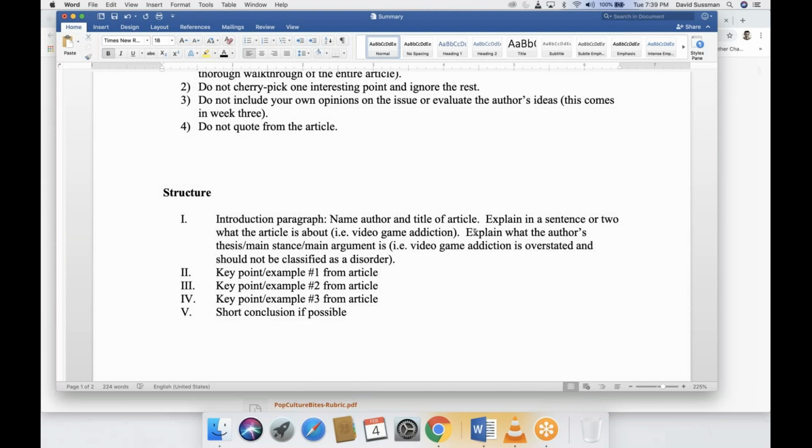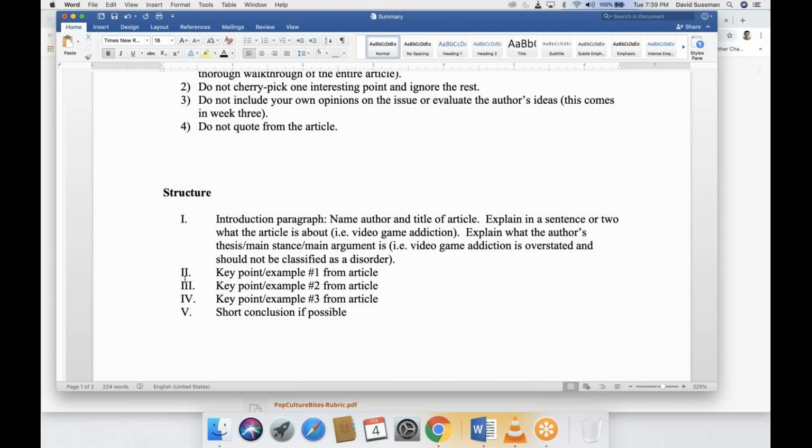Then end with an explanation of what the author's thesis, main stance, main argument is. All those terms can be interchangeable. For instance, video game addiction is overstated; it should not be classified as a disorder. So that's paragraph 1: name the author and the article, explain what the article is generally about, and end with the author's overall stance.